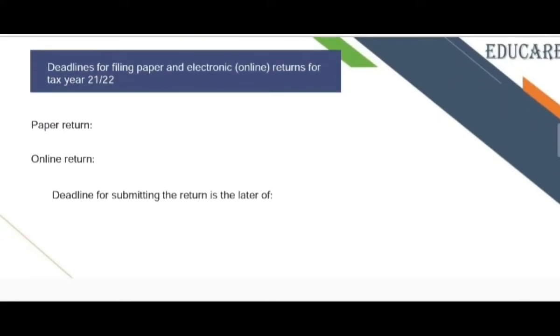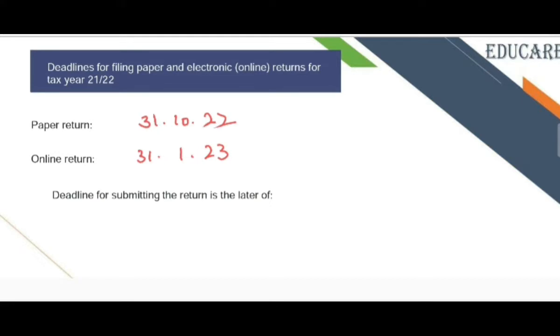The deadlines for filing paper and electronic online returns for the tax year 21-22: for a paper return, the deadline is 31st October 22, and for an online return, the deadline is 31st January 23.